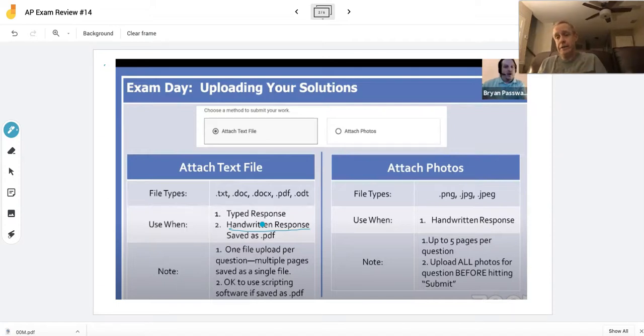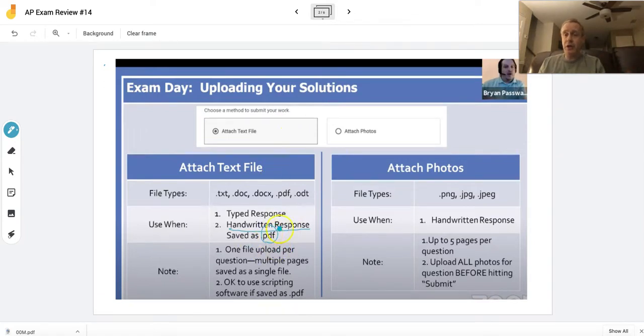It's really efficient because I can take all the pictures of all my work at once and then upload a single PDF file to Classroom. And you can also do the same thing on the College Board platform.